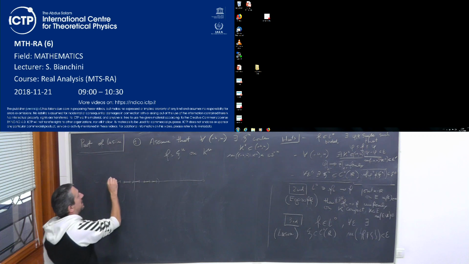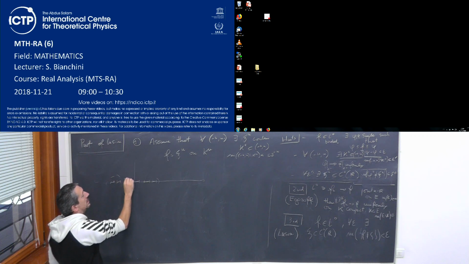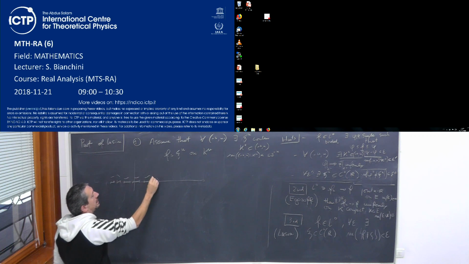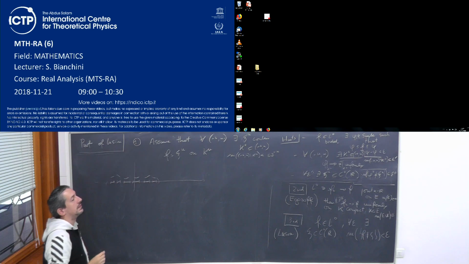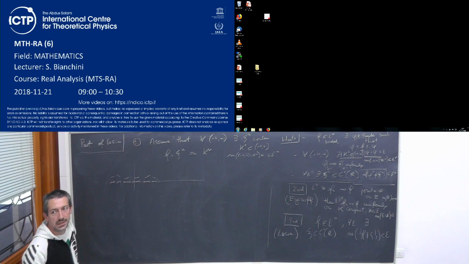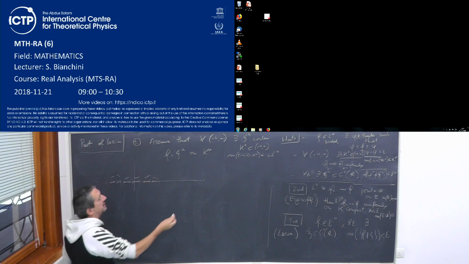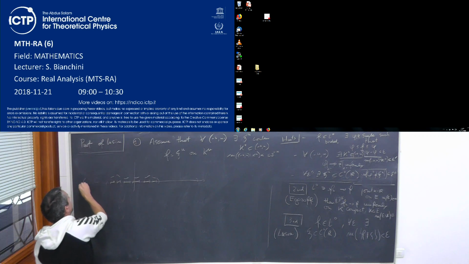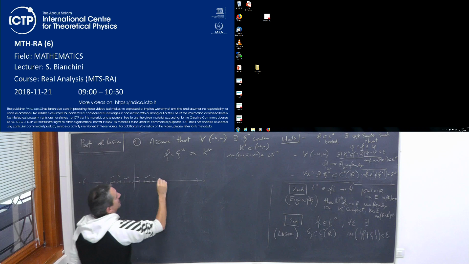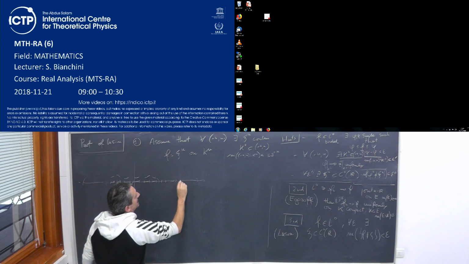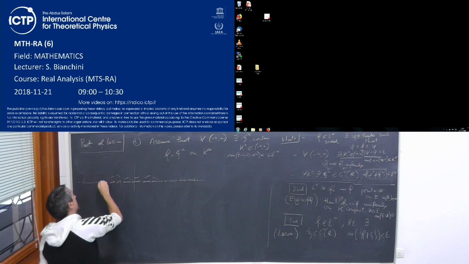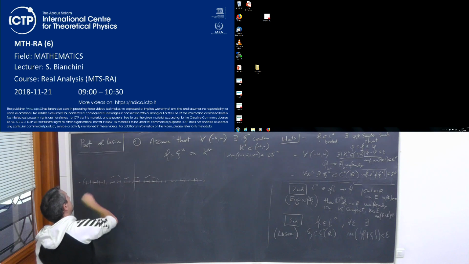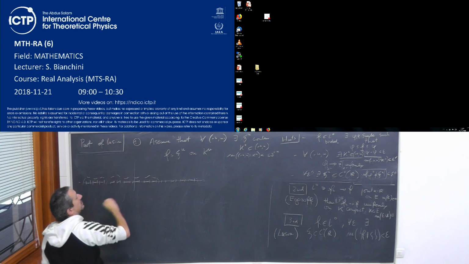So here, essentially, the function is continuous. If I take something larger, I have another compact set, I add some pieces here, and it is continuous.